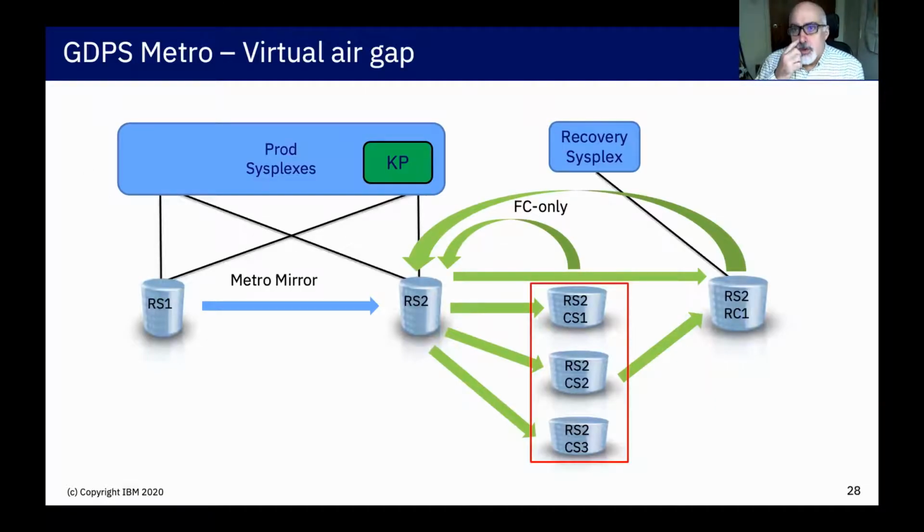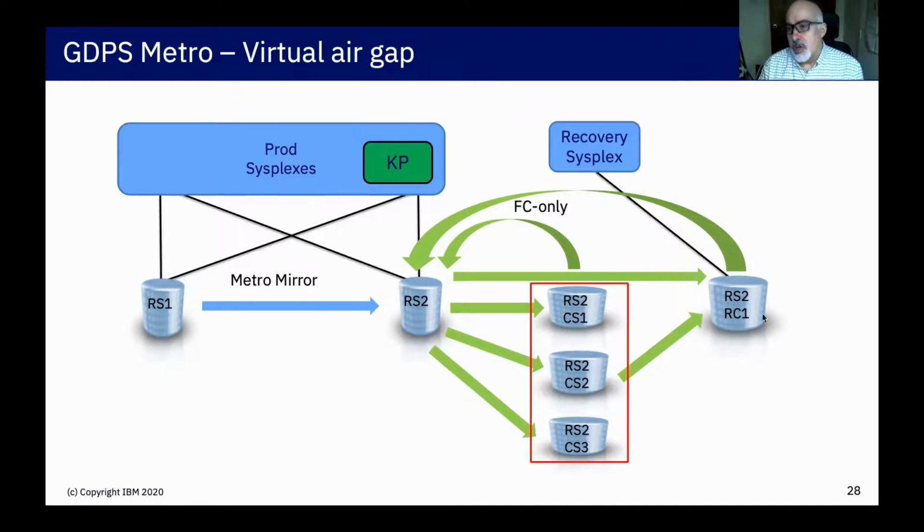So here's our Metro virtual air gap LCP. We're capturing, in this case, off the RS2 device. And within the same box, if you remember, this is virtual air gap, so it's within the same box, we have all the copy sets for all the devices, so multiple sets of copies of the RS2 set of devices, which can then be presented to the recovery copy via the recover script statement.